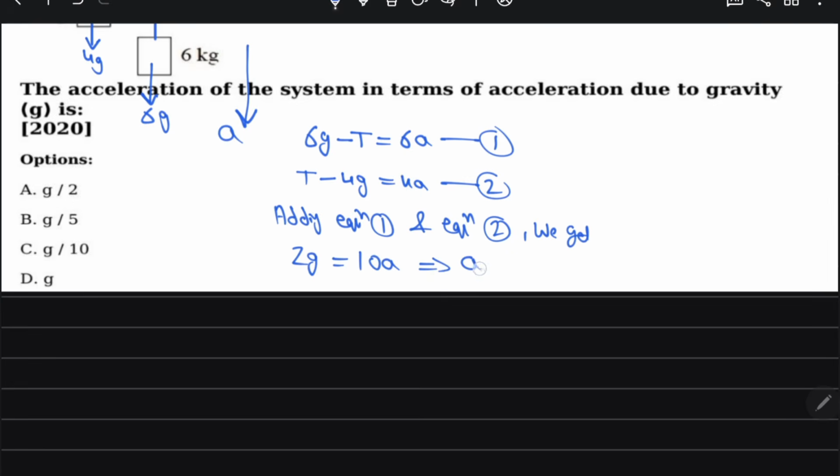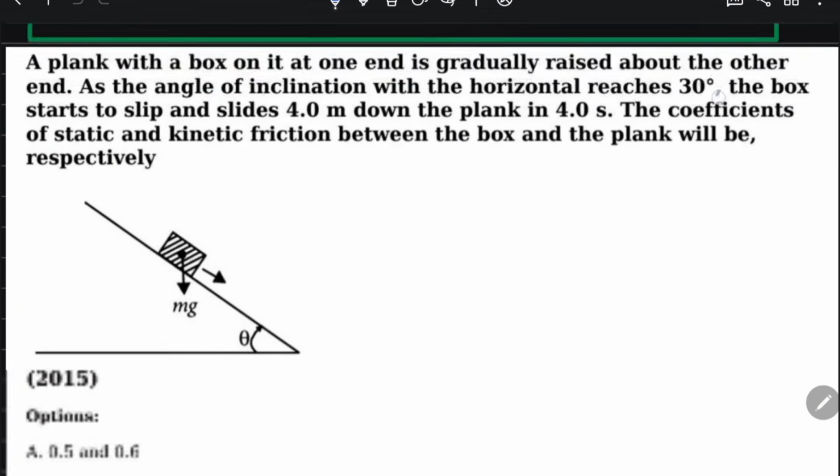So a comes out to be g by 5. Acceleration comes out to be g by 5. So option B is correct.